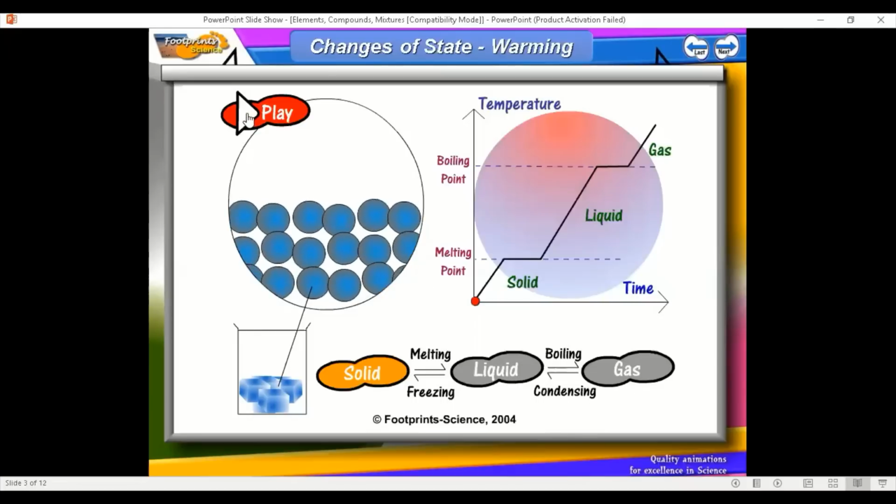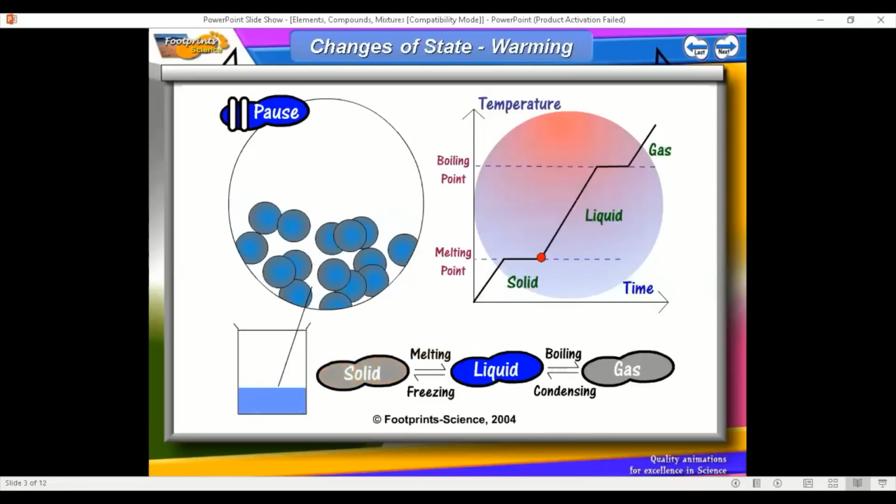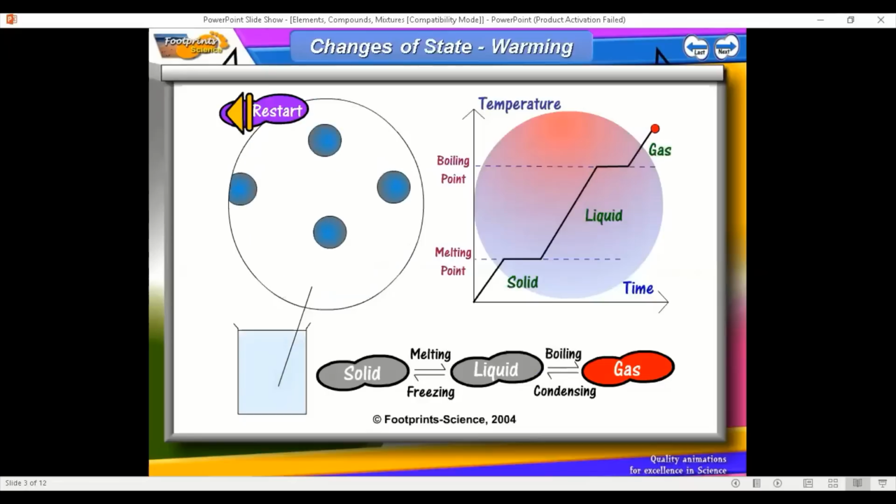So let's have a look at play. Look what's happening here. The melting point, starting to melt. Heat it, continue to heat it. The liquid is heating, and it reaches boiling point. Now, I will ask you, what is the boiling point of water?